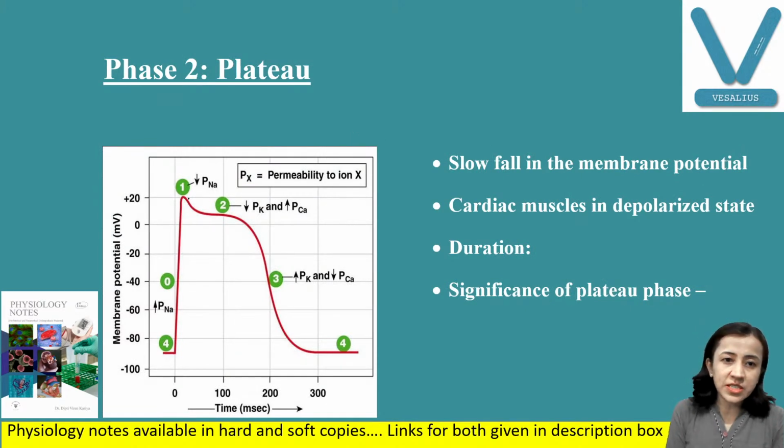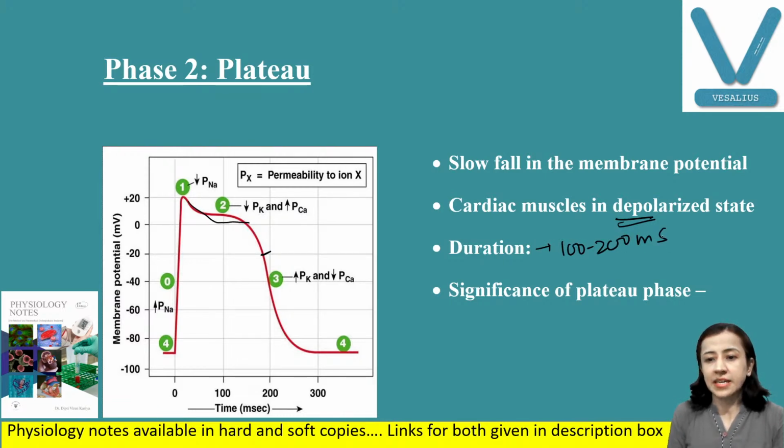Fine. Now phase 2, that is plateau phase. In this phase, you can see there is slow fall in the membrane potential, slowly, only up to minus 40 millivolt, not more than that. During this phase, cardiac muscle is in a depolarized state, and duration of this phase is about 100 to 200 milliseconds.